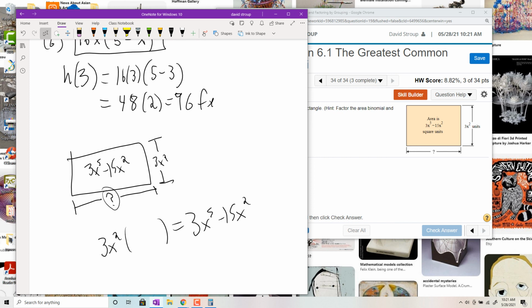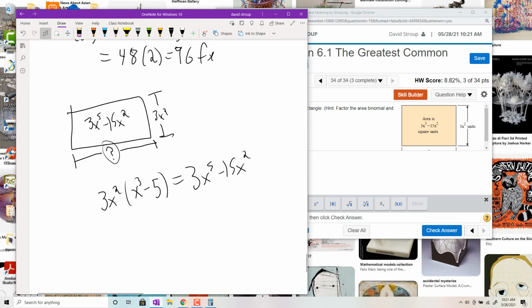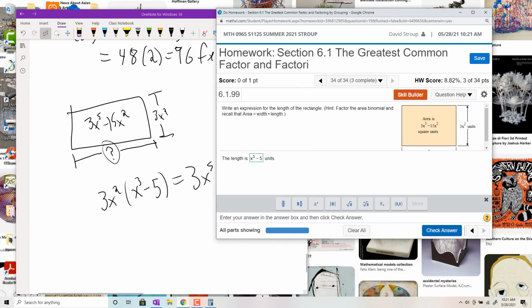So 3x squared times what gives me 3x to the 5th? Well, x cubed. And then 3x squared times what gives me negative 15x squared? Well, that's just negative 5. So x cubed minus 5 would be your answer. I hope. Did I miss something? Doesn't look like it.